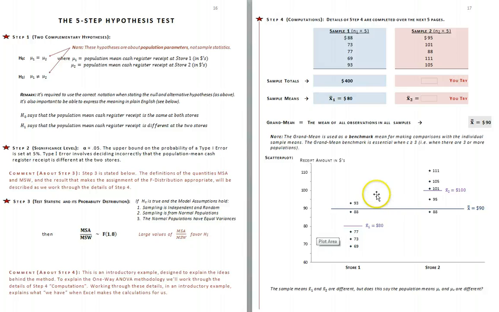But these cash register receipts from store 1 are overlapping with these cash register receipts from store 2. Are these up here just by chance that they came out of store 2, and maybe a few of these down here just by chance that they came out of store 1? It's not clear by looking at that scatter plot whether or not the true population means are actually different.